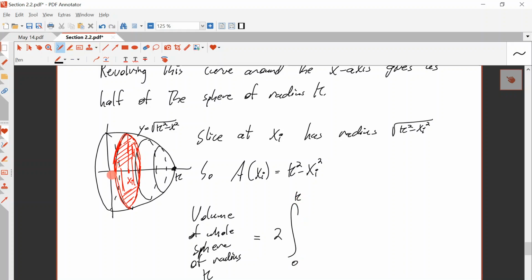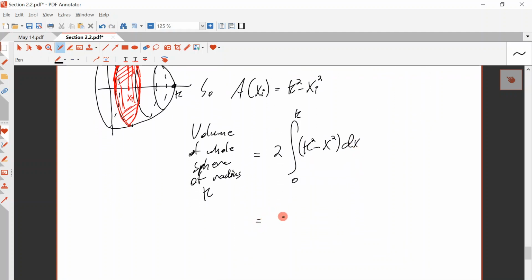So that's the integral from 0 to k of the area function, k squared minus x squared dx. So the antiderivative is k squared x minus 1/3 x to the third, from 0 to k. So this is k to the third minus 1/3 k to the third.